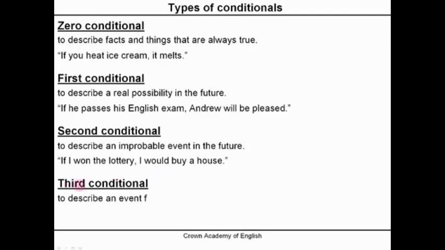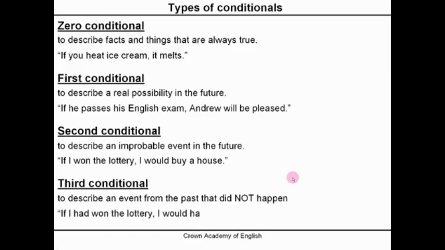And finally, the third conditional is used to describe an event from the past that did not happen. And an example of this is, if I had won the lottery, I would have bought a house. Okay? So you can see there are lots of differences in these types.